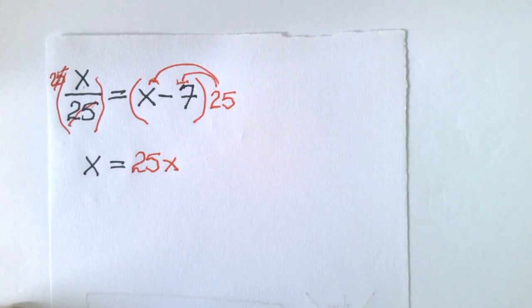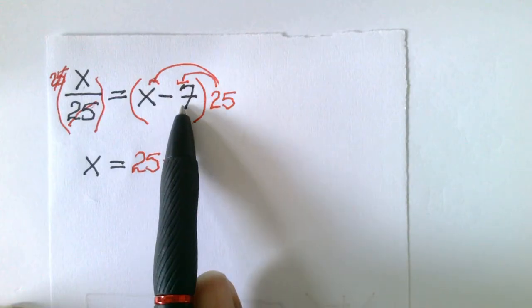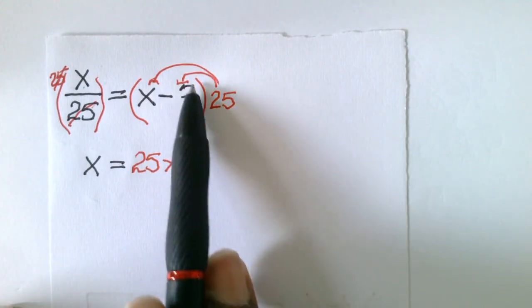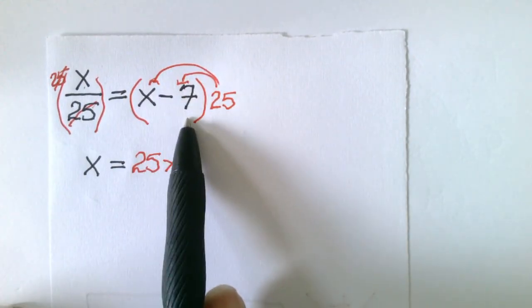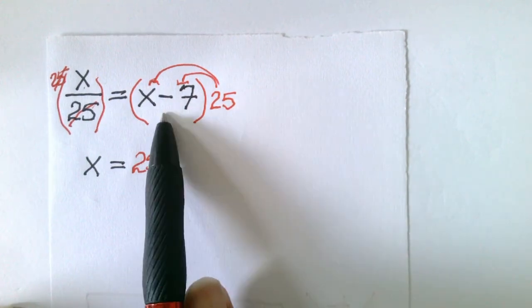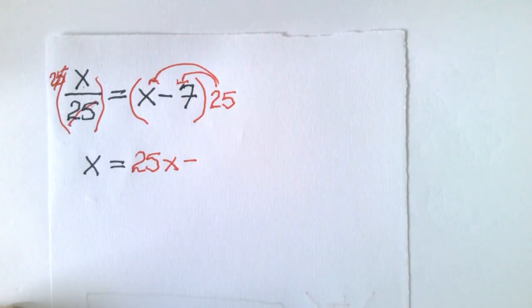Now this minus sign is acting as a negative to the 7. So that is major. We have a negative number times a positive number. When the signs are different, our result is going to be negative.